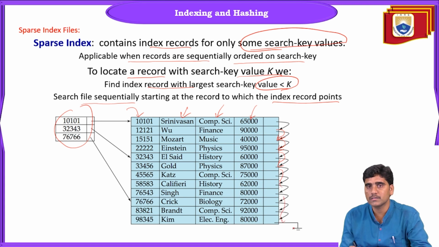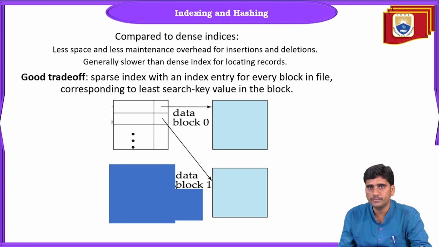All the records will be shown up to the last one. But the sparse index only takes some search key values, and based on those we find the records. So we find the information only for particular records.